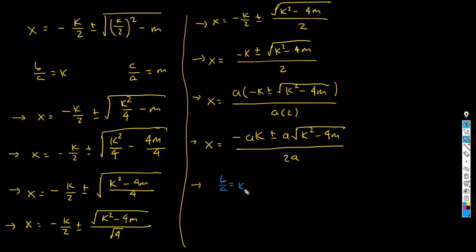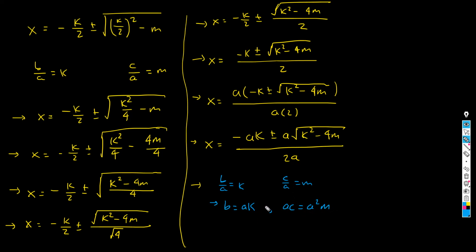We have this and this, and what I want to do is multiply this equation by a in both sides. So if we do that, we get b equals ak, and this equation I'm going to multiply in both sides by a squared. So if we do that, we get ac equals a squared m.